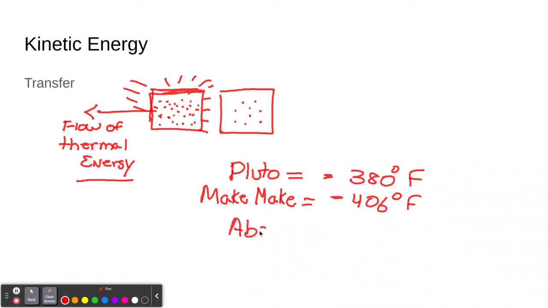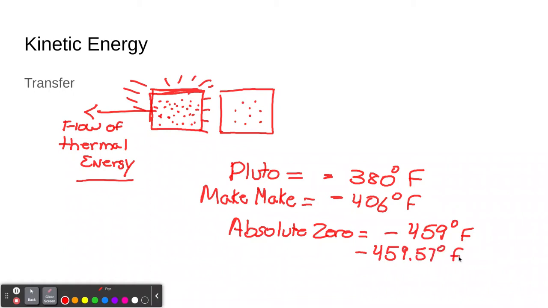Now, remember, absolute zero, when atoms do not move, and I'll write it over here, is negative 459 degrees Fahrenheit. It's actually, if you want to be exact, negative 459.57 degrees Fahrenheit. So absolute zero is the coldest anything could be.